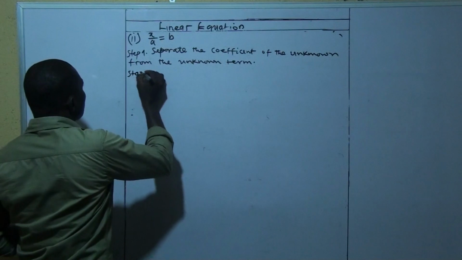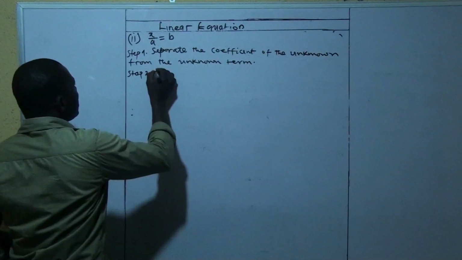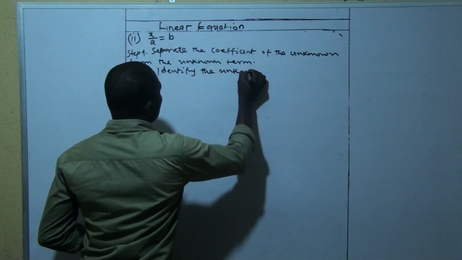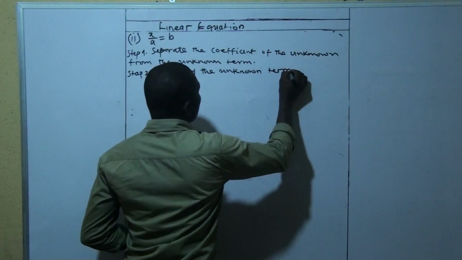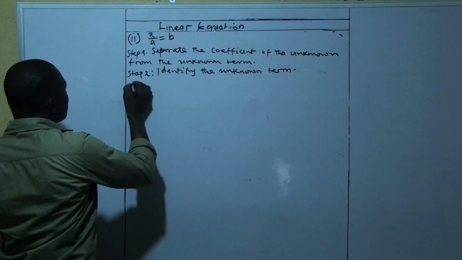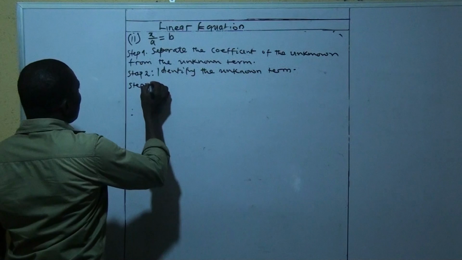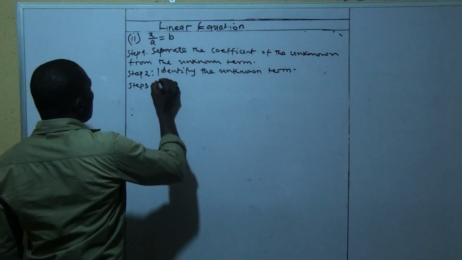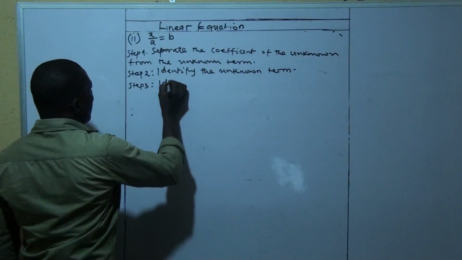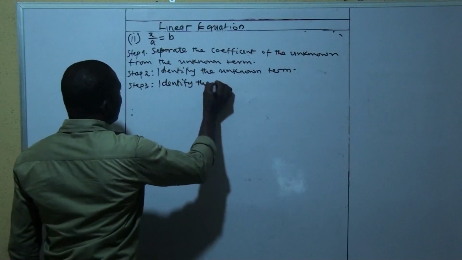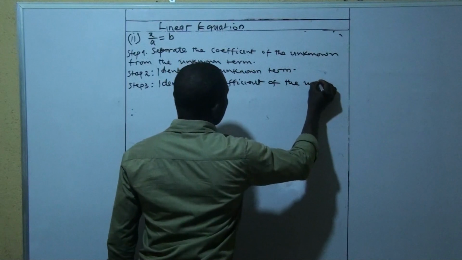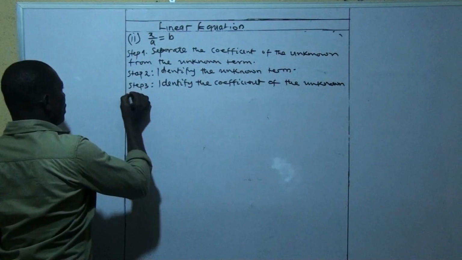Then step 2, identify the unknown term. Then step 3, identify the coefficient of the unknown term.